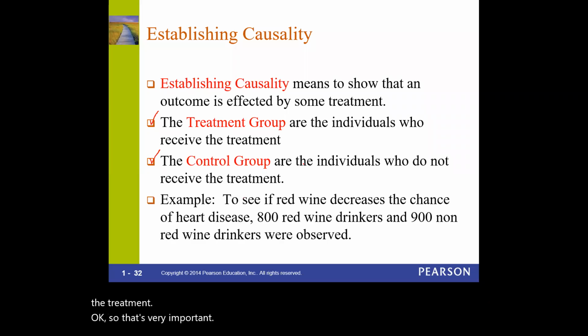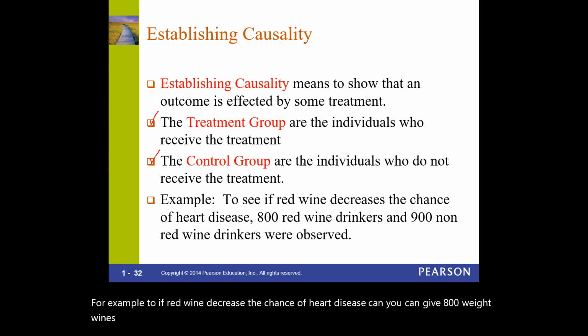For example, to see if red wine decreases the chance of heart disease, I'm going to take 800 red wine drinkers and 900 non-red wine drinkers. You're going to observe both of them.